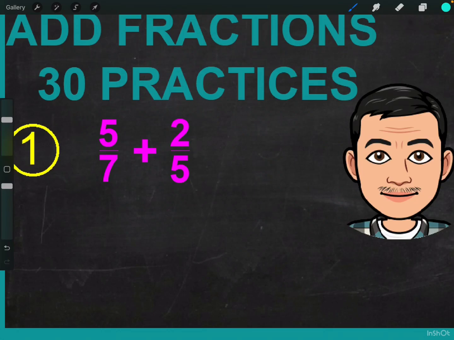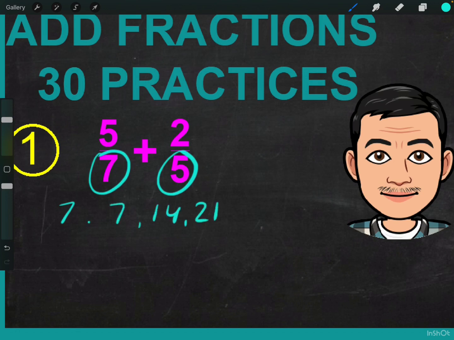Hi guys, to add the fractions, we need to find the LCM for number 7 and number 5, the two denominators. For number 7, we have the multiples 7, 14, 21, 28, 35, 42.